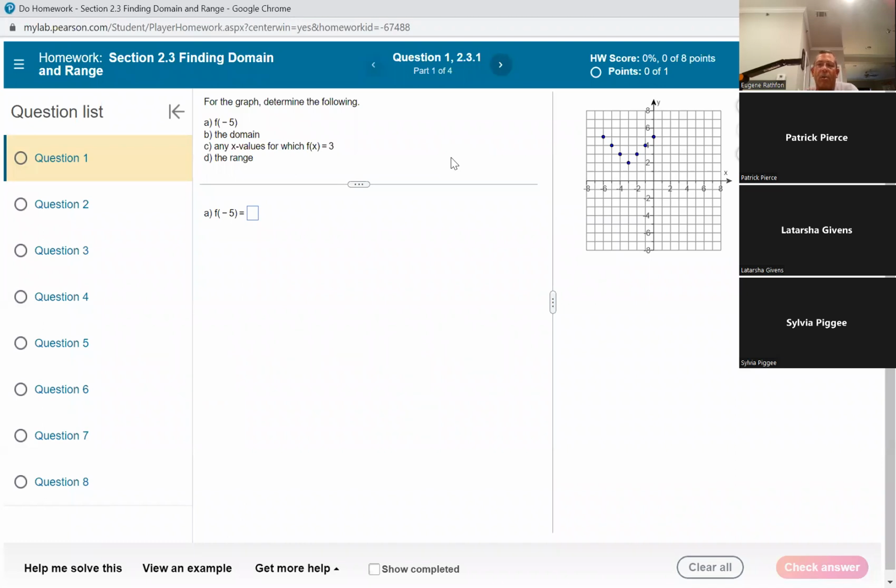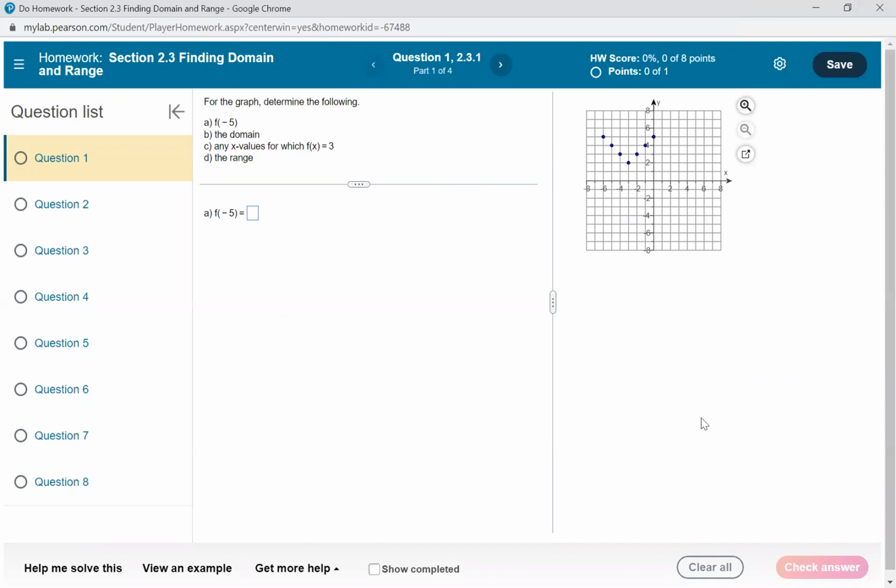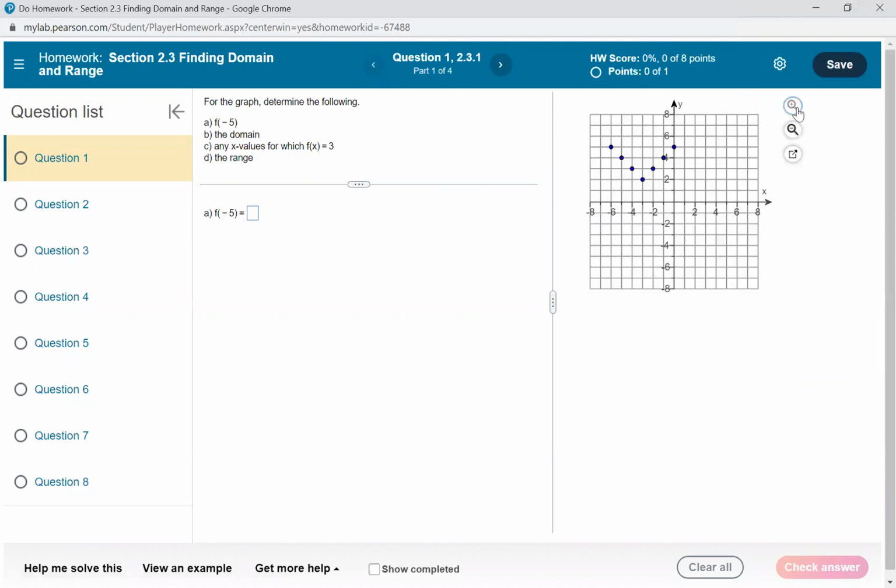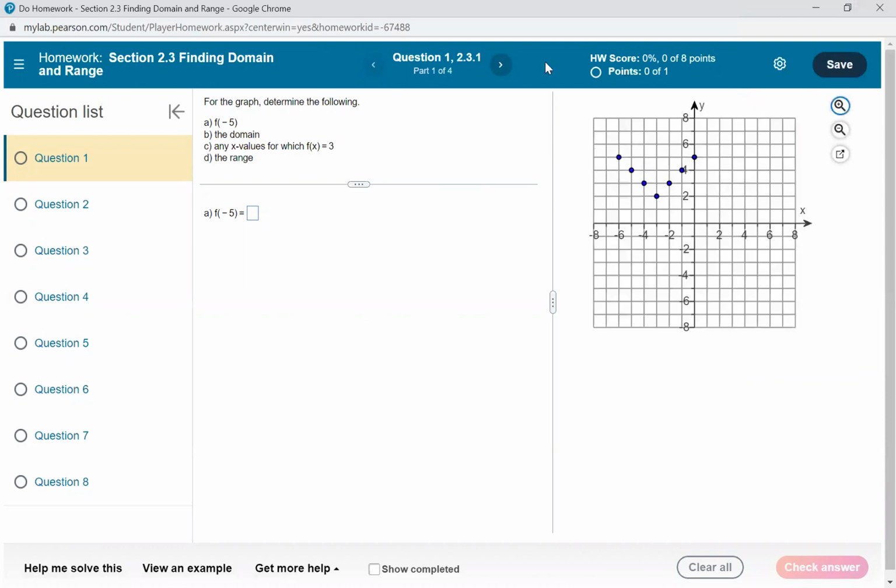And I'm going to sort of let y'all answer these if you can. So they gave us a graph on the right side. So let me make that bigger for us. All right, so can y'all see that pretty good now? That graph with the dots?